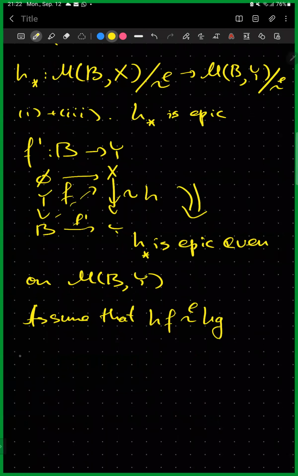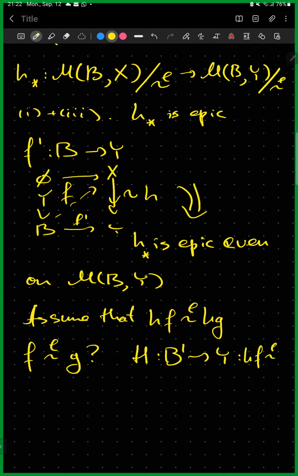Then we want to show that F was in fact left homotopic to G before we composed it with H. So consider the left homotopy H from B prime to Y, which is the left homotopy between HF and HG.